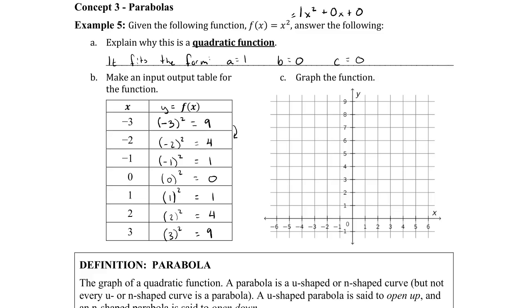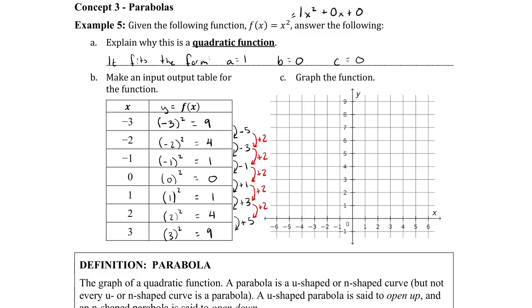And notice the changes, right? We decreased by 5, decreased by 3, decreased by 1, then increased by 1, increased by 3, and increased by 5. -5 plus 2 is -3. -3 plus 2 is -1. -1 plus 2 is 1. 1 plus 2 is 3. 3 plus 2 is 5.